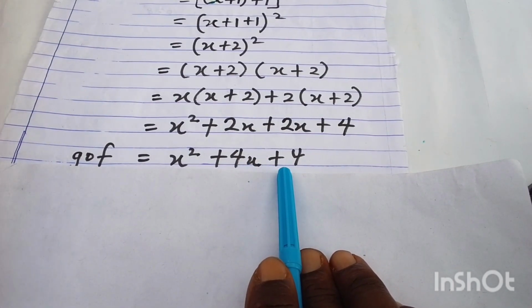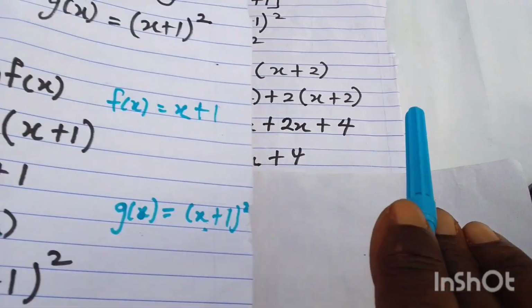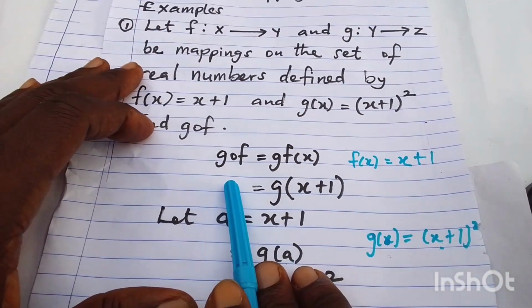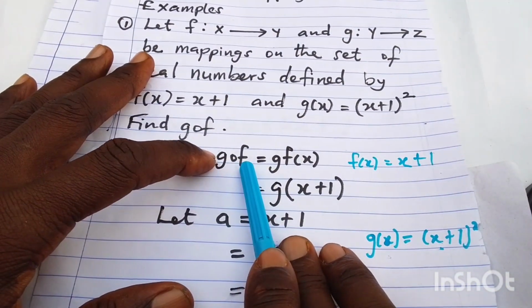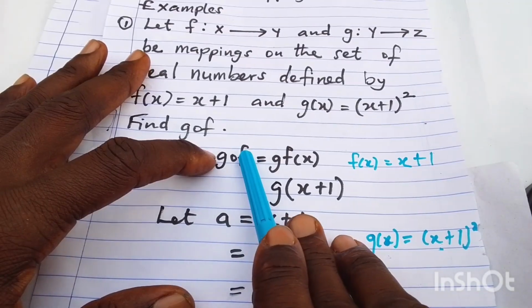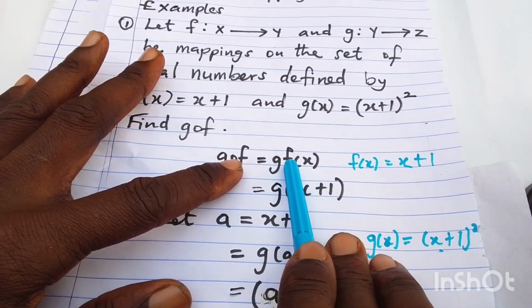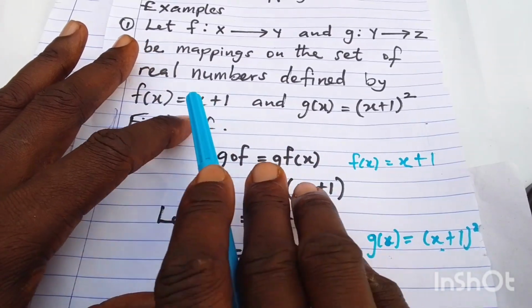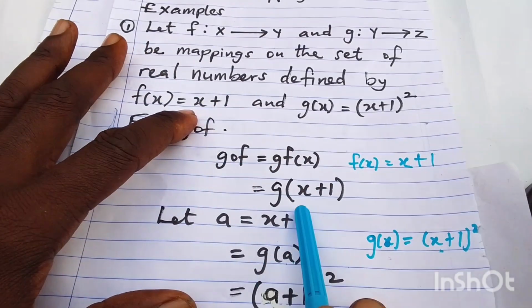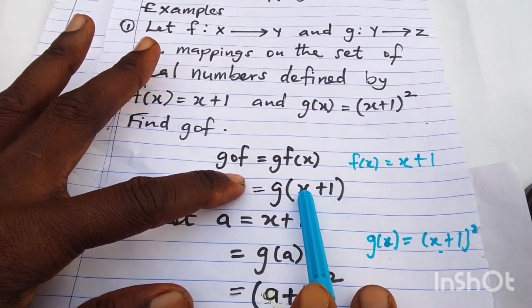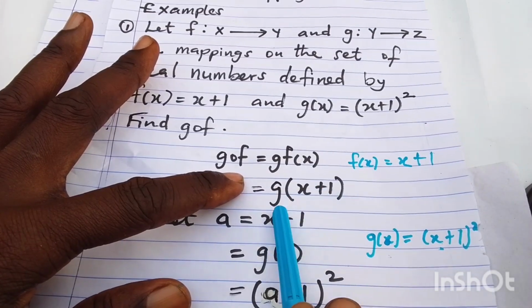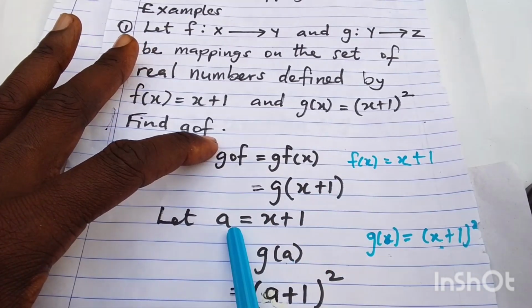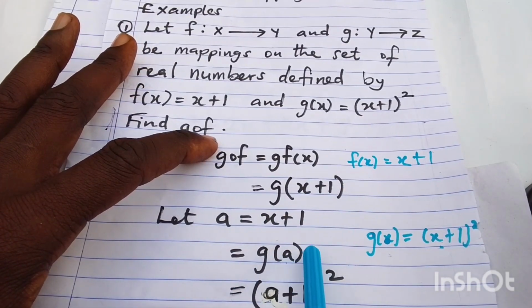So you must take note whenever you are dealing with the composite mapping: you start from the back one and substitute. To remove this f of x, I substituted the value x plus 1. So from there, I represented x plus 1 as a.